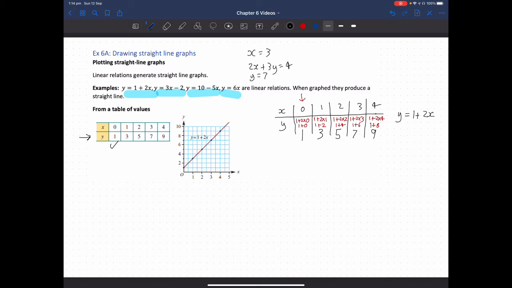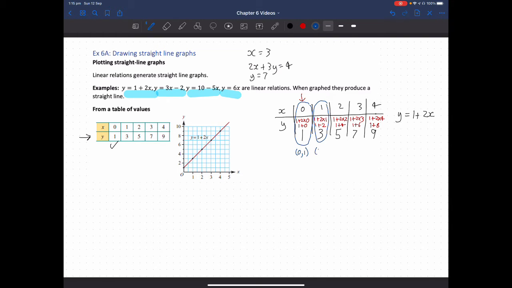Now what we are doing is plotting a series of points. So I'm going to do this in blue. The first column of numbers in the table has x equals 0, y equals 1. That is the point 0, 1. The second column, 1, 3.